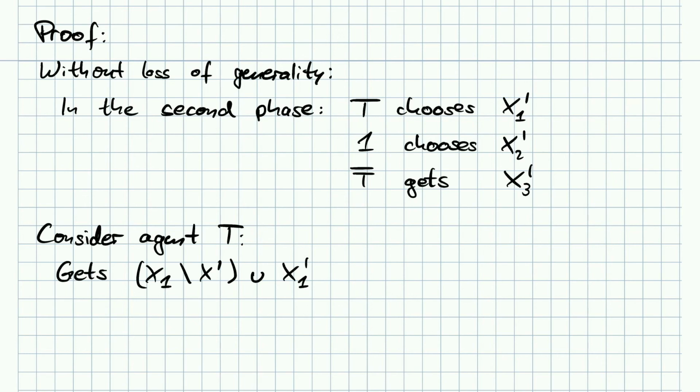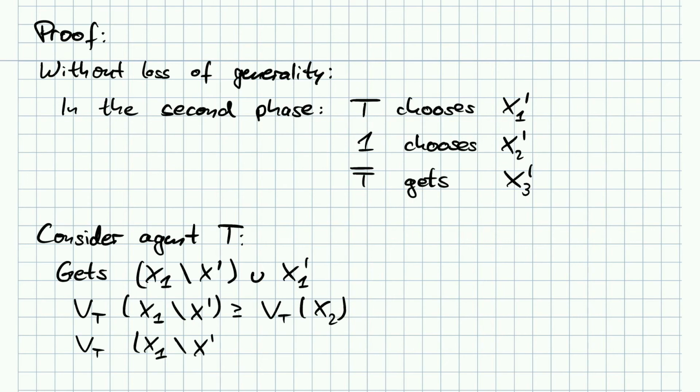What will we now have? We will always have that the value for x1 take away x prime is at least the value for x2, and this is also at least the value for x3.